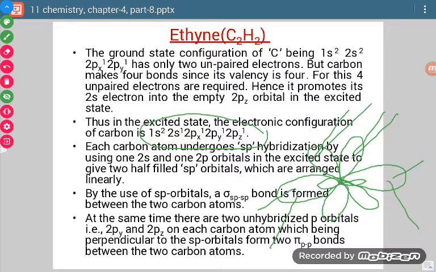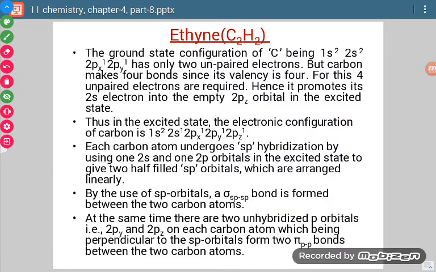So when we talk about C2H2, both the carbons will undergo sigma bond formation first. One sp hybridized orbital is utilized in the formation of the sigma bond between the carbons, and the other sp hybridized orbital will form a sigma bond with hydrogen.